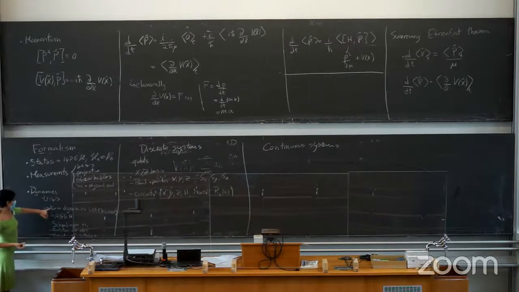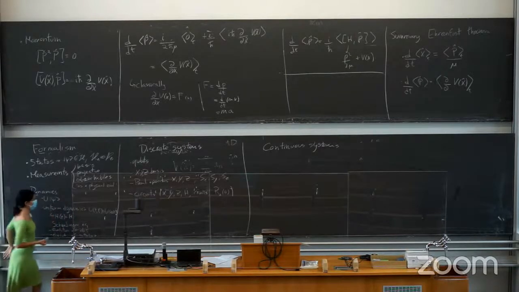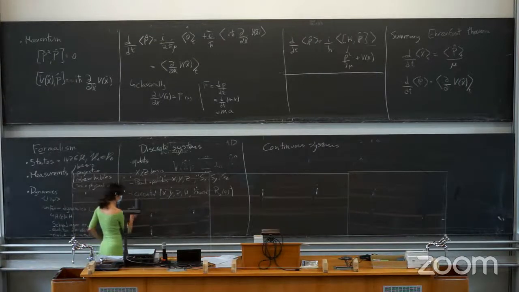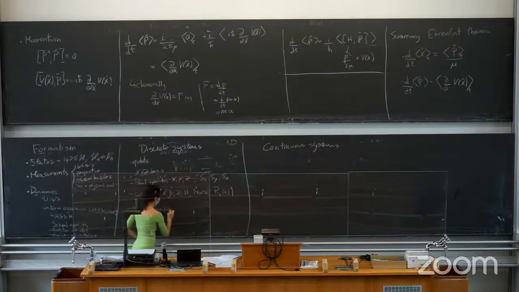And then we looked at some unitary dynamics. So we looked at a spin, so a qubit dynamic. And we saw only a very simple example, right? We saw how X, Y, and Z evolution works.